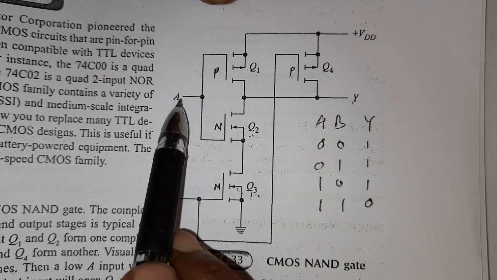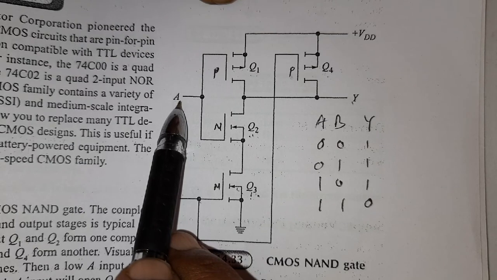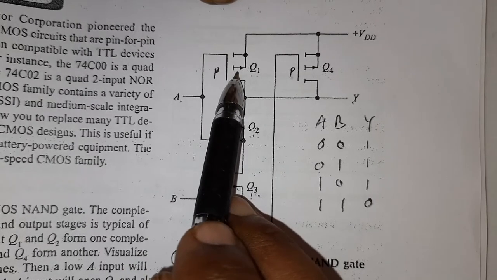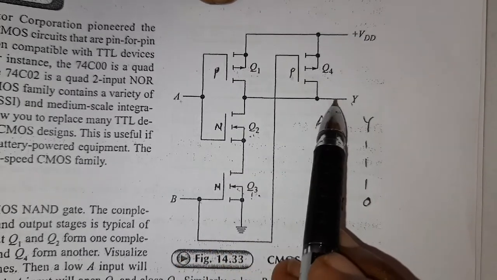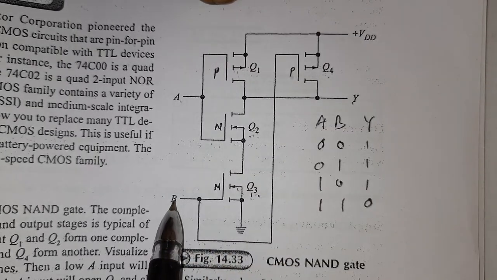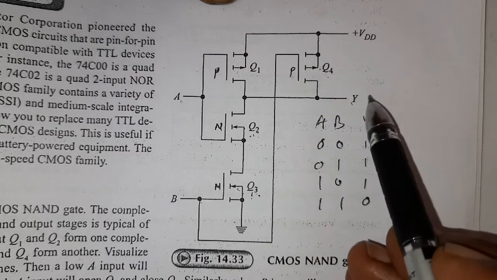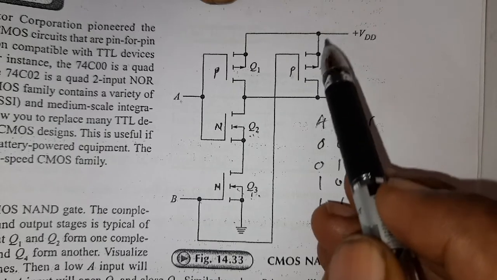Therefore, if A is 0, A is low, then you will observe that Q1 will be on and the output will be high through Q1. If B is low, then Q4 will be on and the output will be high through Q4.